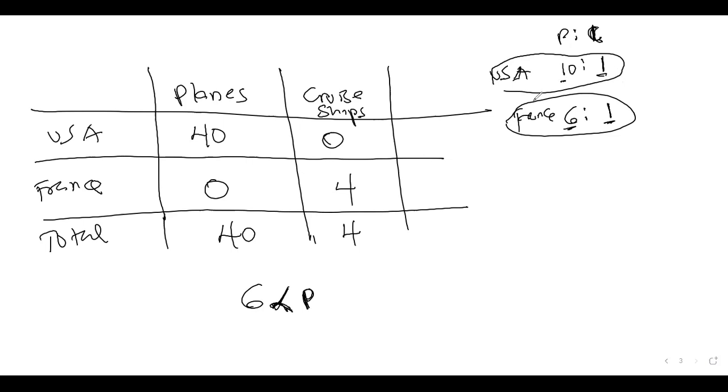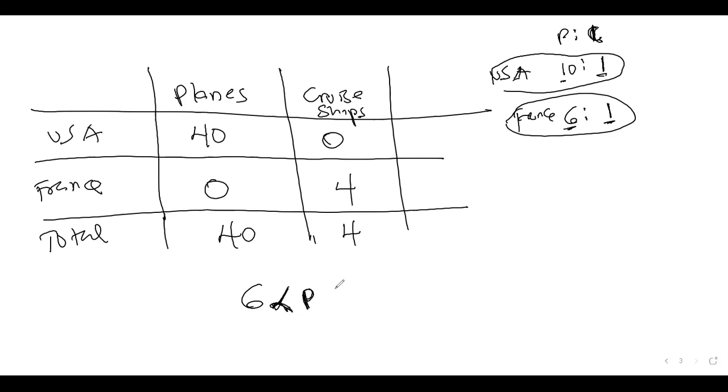Because if I'm US and I produce the cruise ship myself, I'll lose 10 aeroplanes. So why should I exchange more than 10 aeroplanes for 1 cruise ship from France? I will not do that.